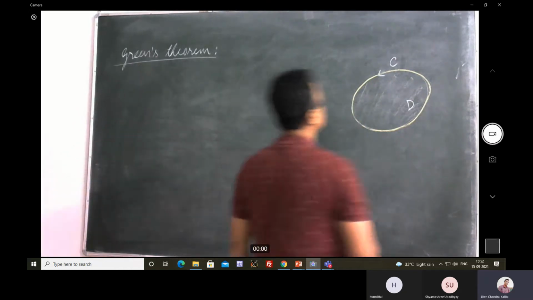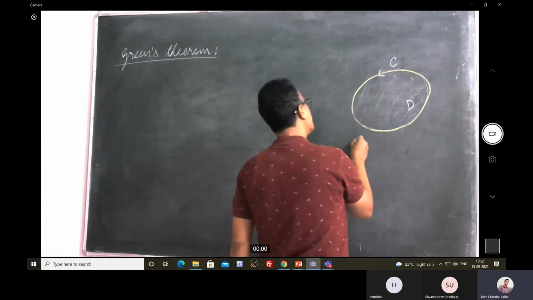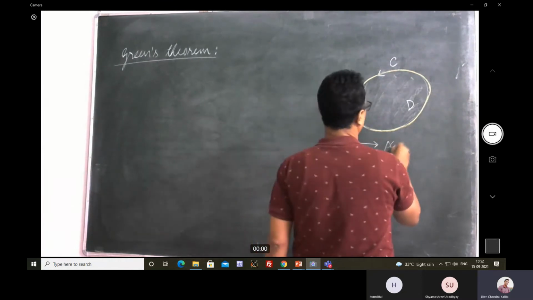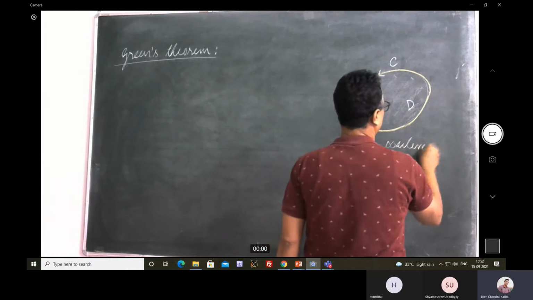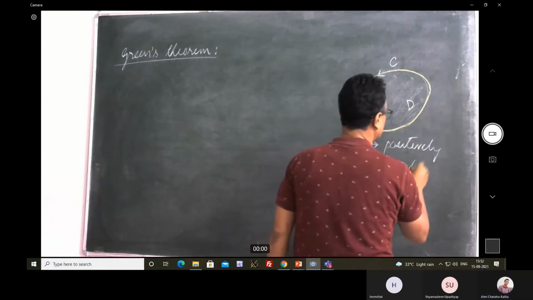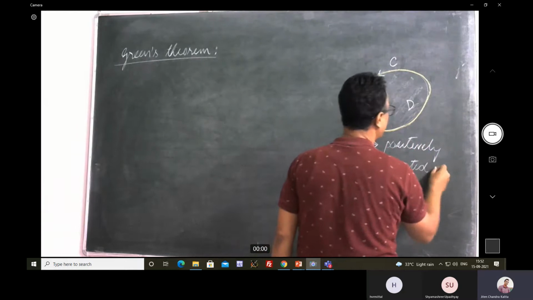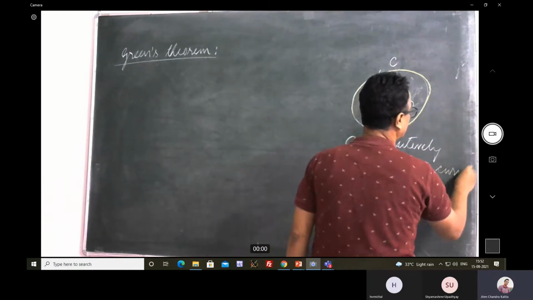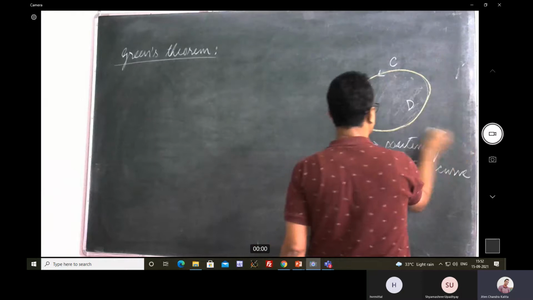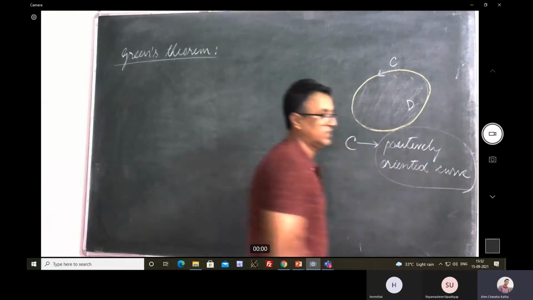The next thing is that we are going to talk about C as a positively oriented curve. Positively oriented curve. So what is the meaning of this?